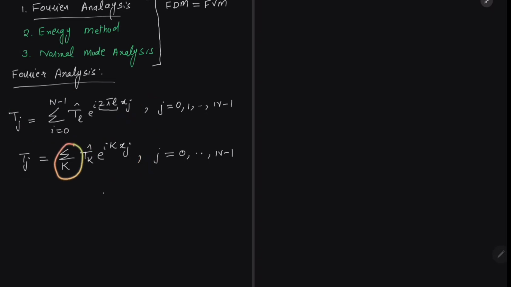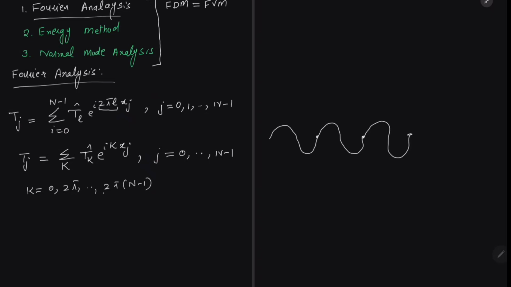Here it is the summation, since in Fourier analysis we write all the terms in series form. So what we have, k will be equal to 0, 2 pi, up to 2 pi times n minus 1, since the wave repeats after every 2 pi. The first wave reaches over here at 2 pi, then we also have 4 pi, then we also have 6 pi, and so on.